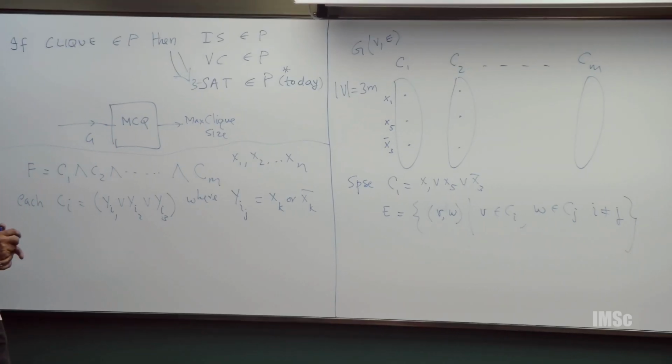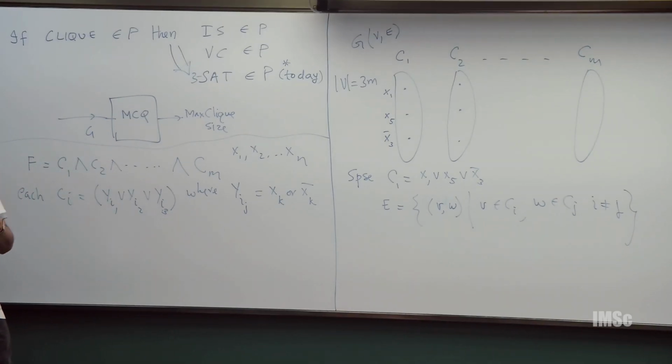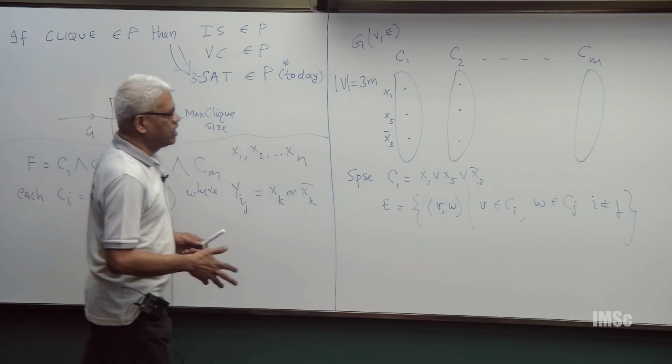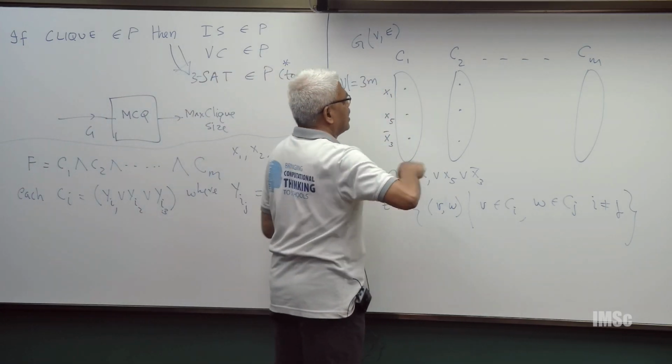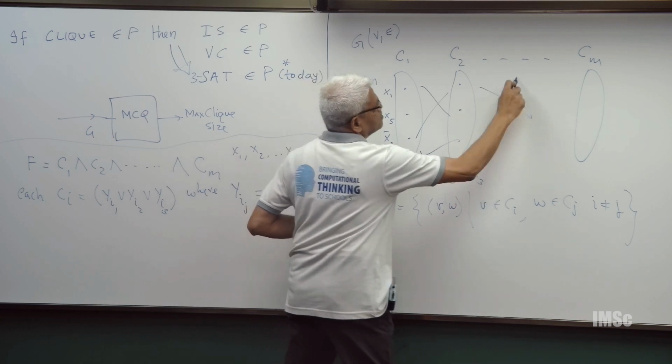What is the max clique in this graph? What is the size of the max clique? Remember, a clique is a subset of vertices which are mutually adjacent. So, this graph has no edges inside and I am adding all edges across.